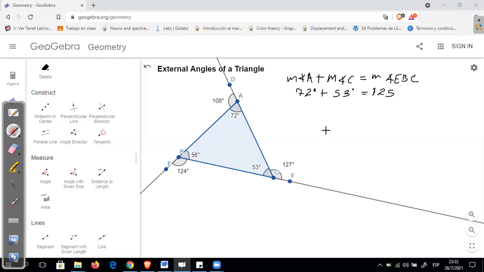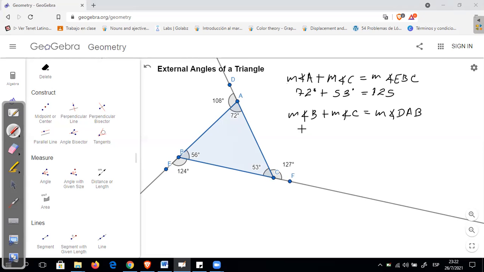We're going to check what happened with the angle B and the angle C, and we need to get the angle D. So we're going to write again that if I add the measure of the angle B plus the measure of the angle C, we're going to get the measure of the angle DAB, that is the external and opposite angle.